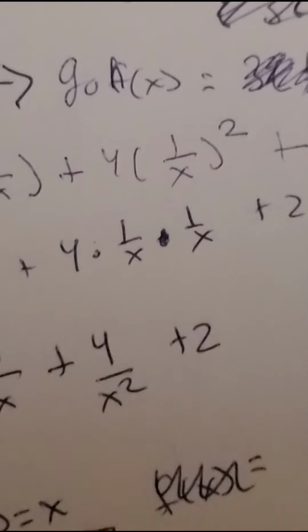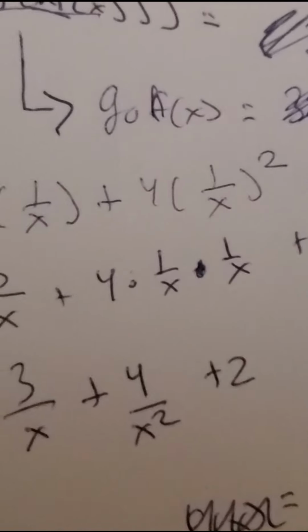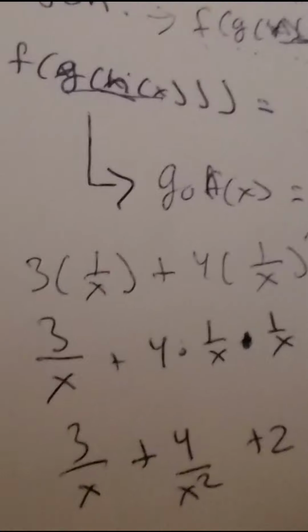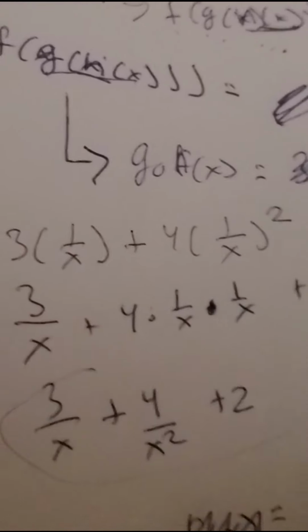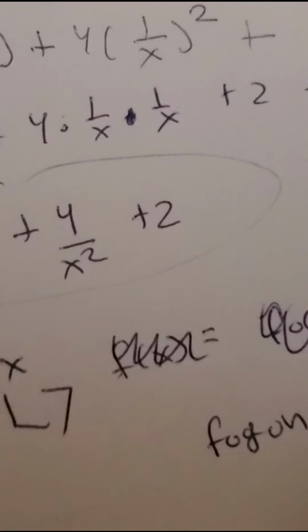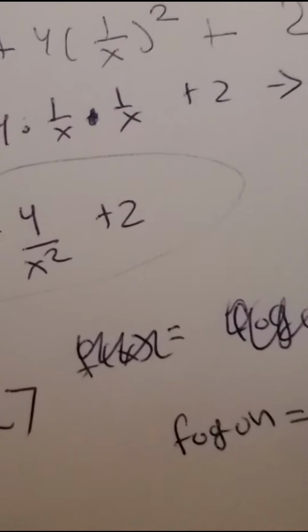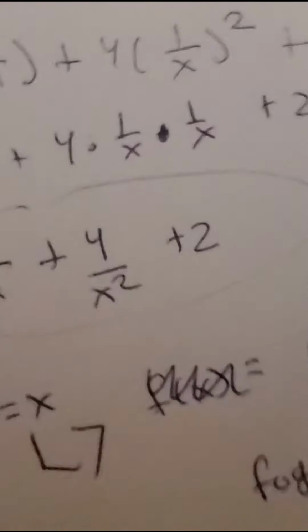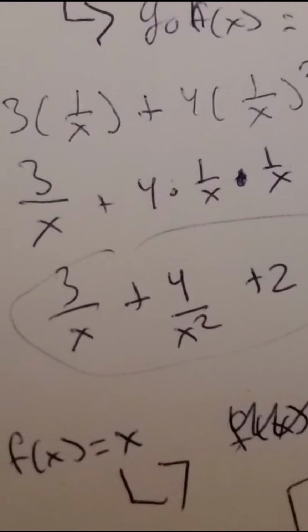We're just going to plug into this. To compose it completely, we plug this function value into x. So f of g o h is equal to 3 over x plus 4 over x squared plus 2. So that's our final answer in this case.